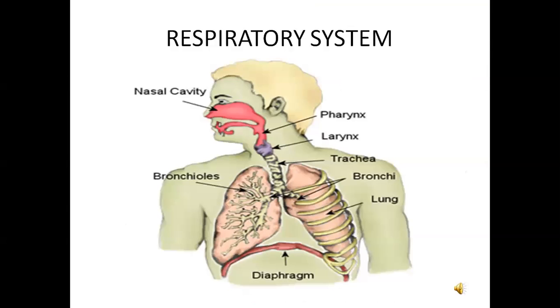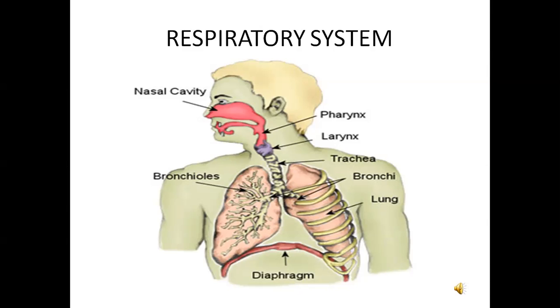Respiratory system. The respiratory system is involved in exchange of respiratory gases and thereby helps us to breathe. The human respiratory system consists of nasal cavity, pharynx, larynx, trachea, bronchi and lungs.